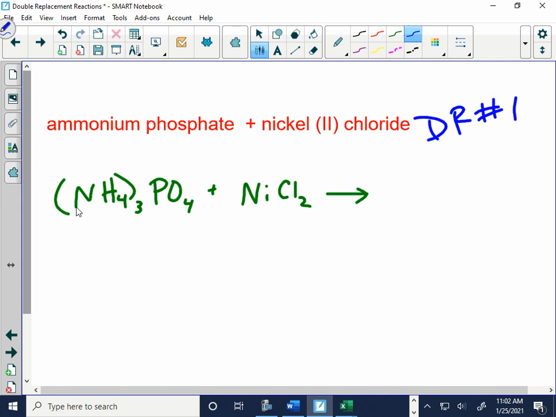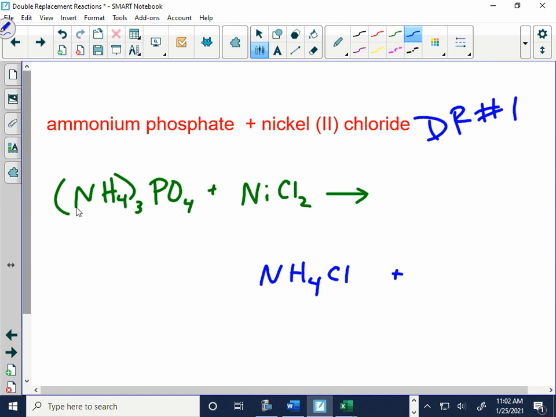So I have two salts that are going to react to give me two new salts. So my first one, when I swap my cations, it's going to give me NH4Cl. So it's going to give me ammonium chloride, and it's going to give me nickel 2 phosphate. Now remember, don't switch that to nickel 3. Would it be easier to do nickel 3 phosphate? Probably, but don't switch that. Keep it at nickel 2.